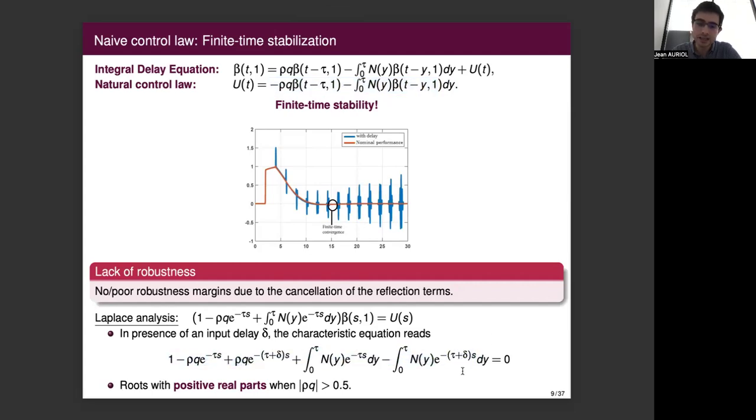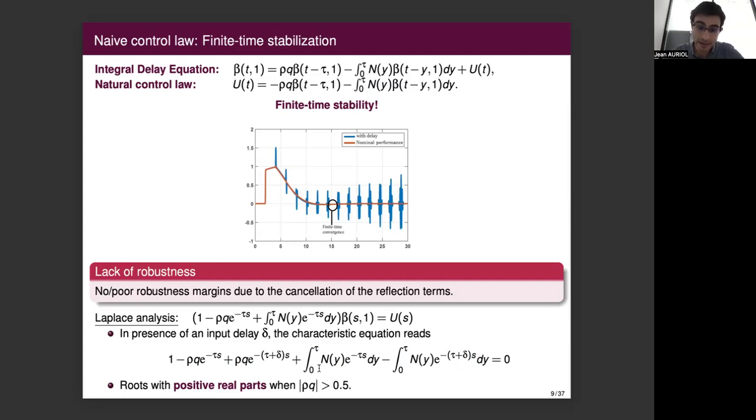And so in this characteristic equation, you have two pointwise terms that are different. Before, when delta is equal to 0, they kill each other. But now, if delta is not equal to 0, but really small, instead of killing each other, they can add up. And so you may have this equation having unstable roots.